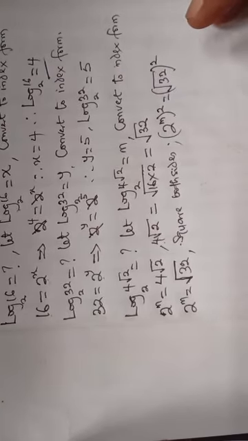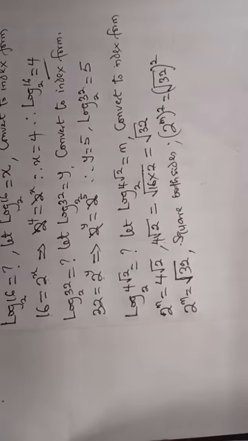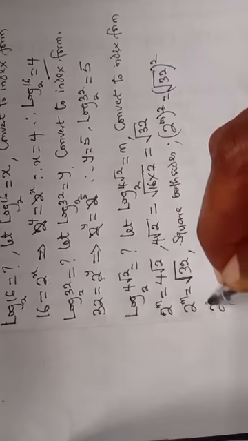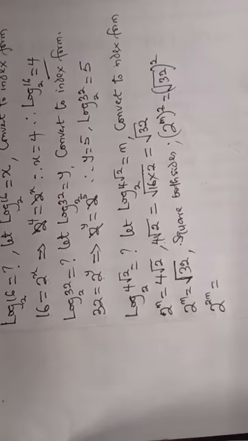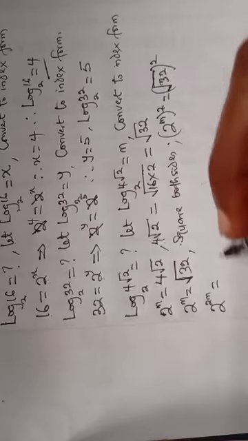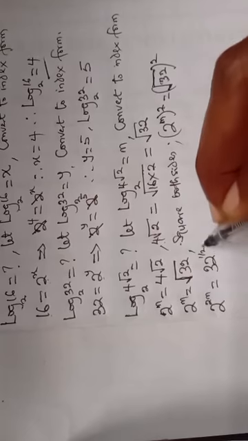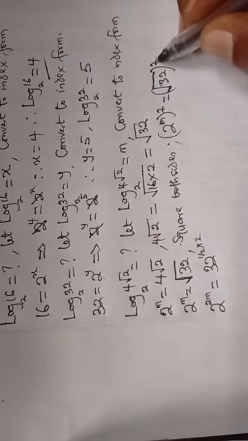According to the law of indices, this is power of a power. So 2 times m is 2m. I'm going to have 2 power 2m is equal to, now this sign still means 32 power half. So I'm going to have 32 power half times another 2, which is this 2 here.